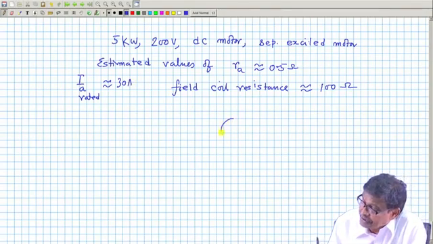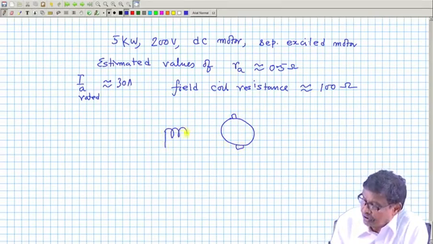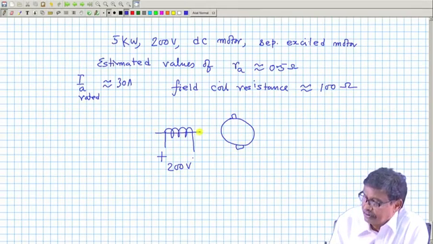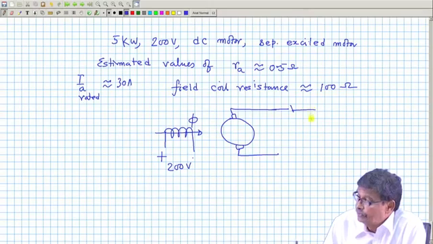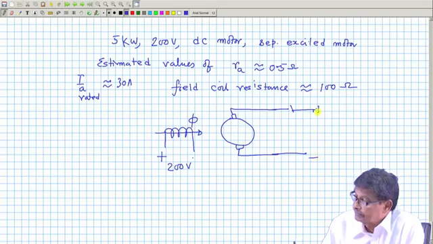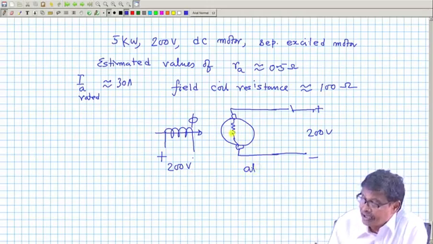Now, if such a machine has its field given full voltage, no external resistance, 200 volt, it develops rated flux. Then you apply full voltage, 200 volt here. The armature resistance is 0.5 ohm, and at starting there is no back EMF coming in.